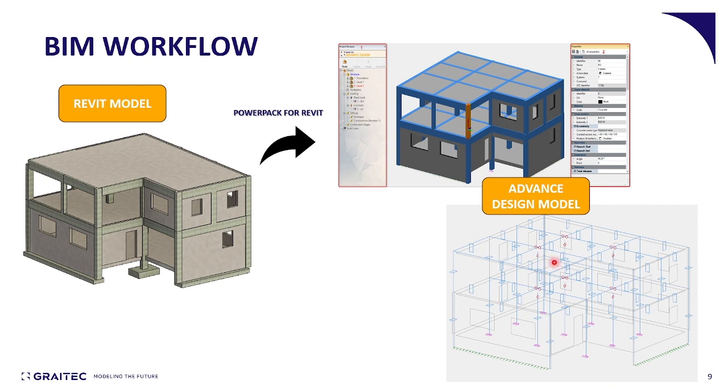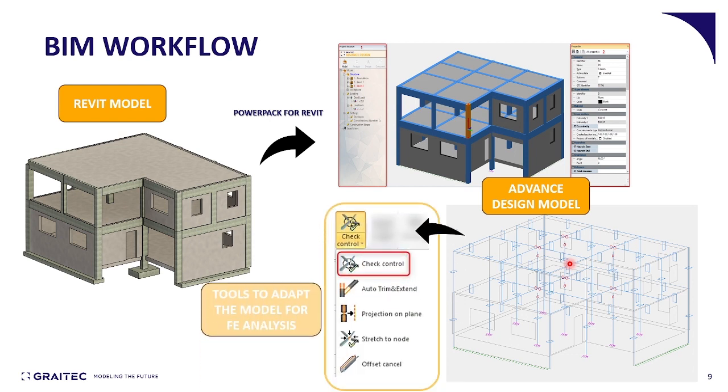On this screenshot, it's the same model using different render options where we can see small circles in different areas, and those can be highlighted in Advanced Design. We have specific tools for this. Any areas where there is a bad connection can be identified by Advanced Design, and you have tools such as those to adapt the model for finite element analysis.